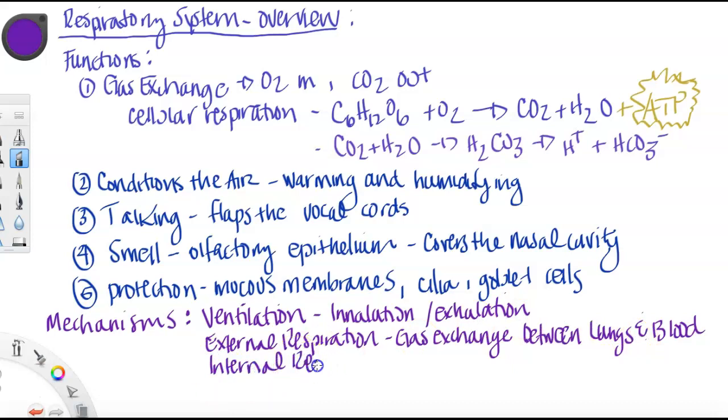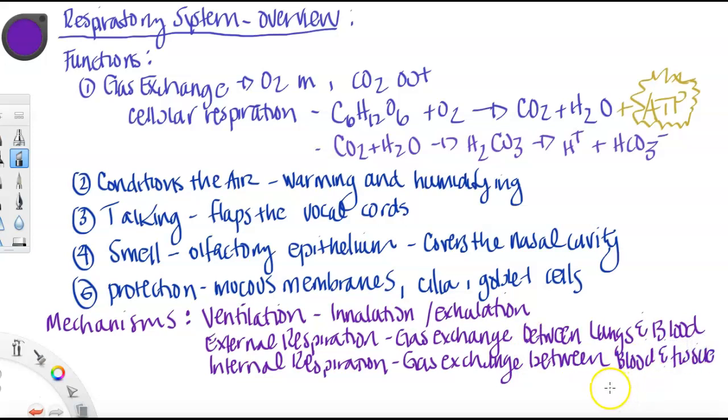Internal respiration. So now we have gas exchange again occurring between blood and tissue. Okay, oxygen needs to get into the tissues, and CO2 needs to get out of the tissues into the blood so we can take it back to the lungs.